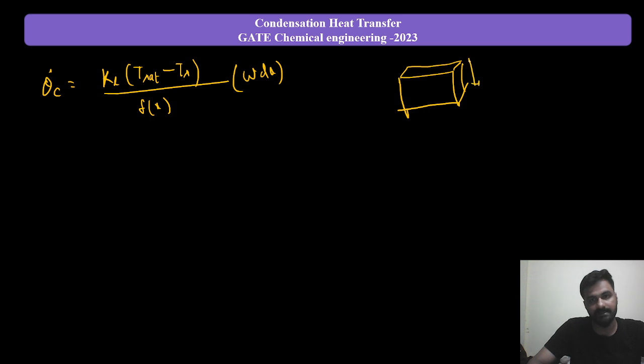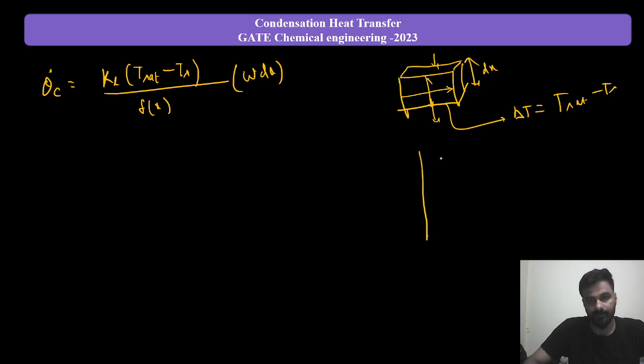This distance is our dx. So heat transfer will be taking place from this direction to this direction. The temperature difference between these two layers is delta T, equal to T saturation minus T surface. Try to understand this.